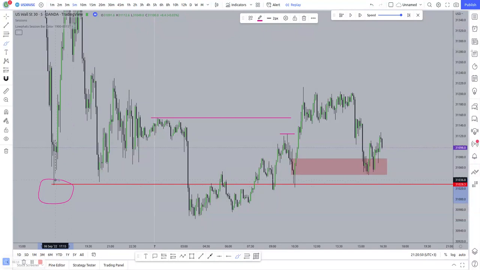A grab of liquidity from these lows, a break in structure, a bigger structure, and this structure also broken, swing high broken, swing high broken. We have a bullish order block. We have this consolidation. What does it mean?